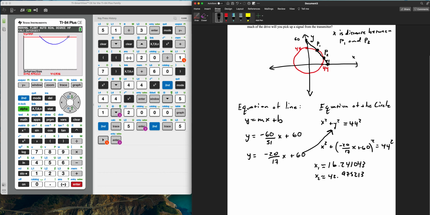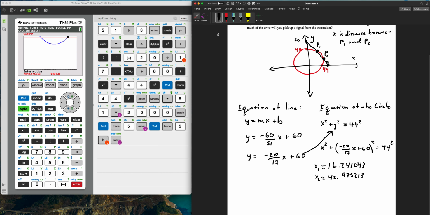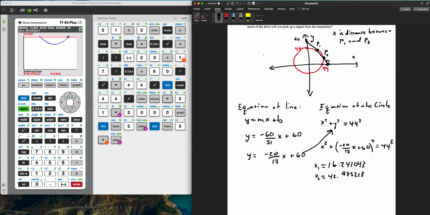Okay. So now we're going to find y1 and y2 using one of our equations, and then finally compute the distance between P1 and P2 using the distance formula to complete our problem. So let's go ahead and find y1 and y2.